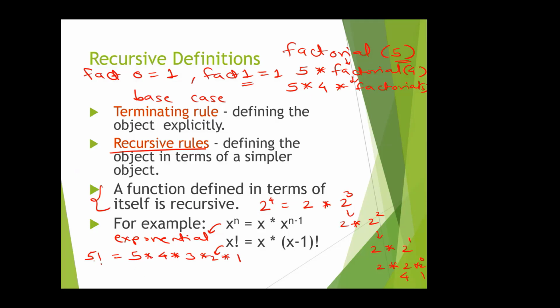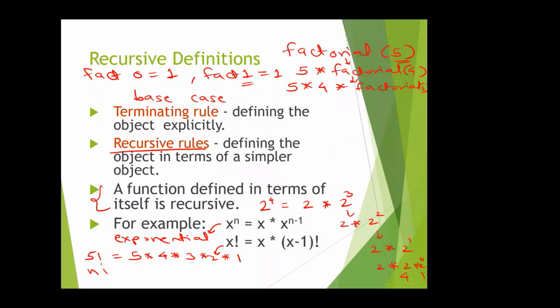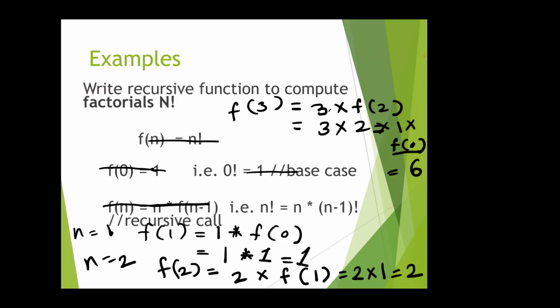Every time I can substitute: if I say n factorial, I can say n multiplied by n minus 1. So in this case, x factorial is x multiplied by x minus 1. We will see in a minute how the actual execution will appear.